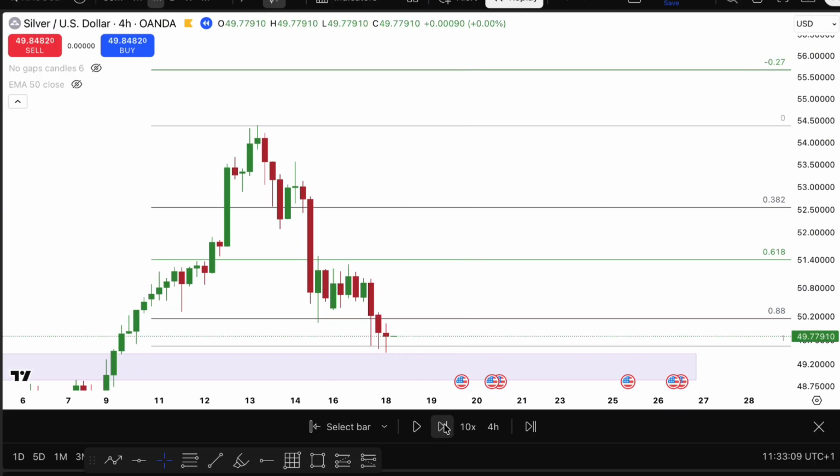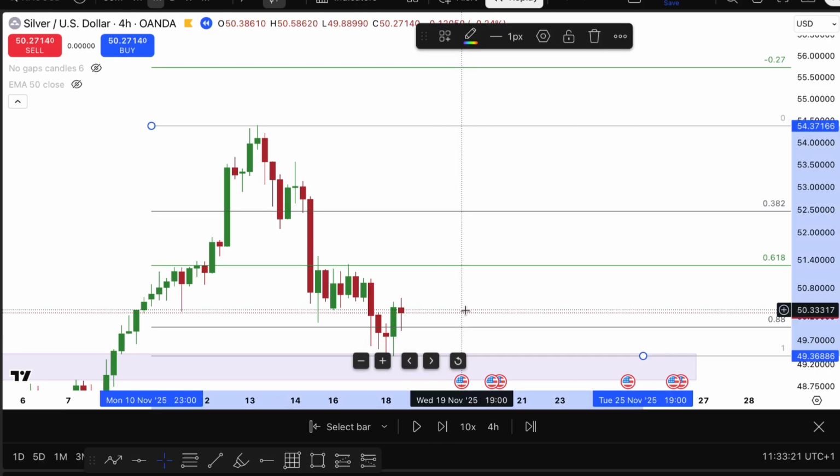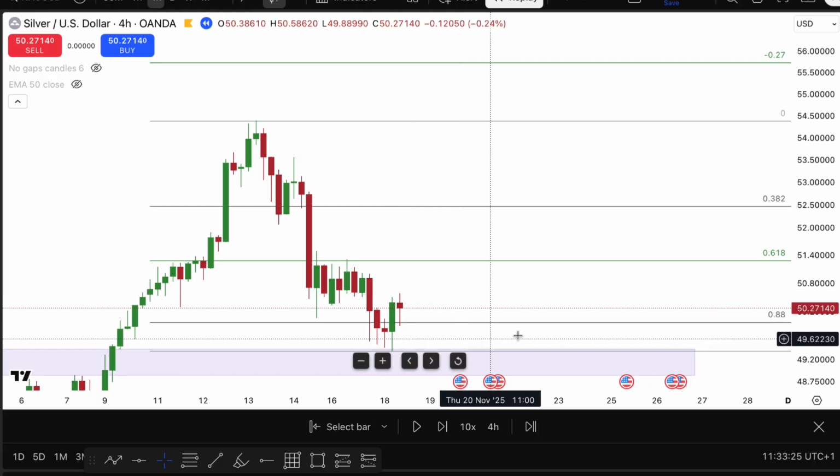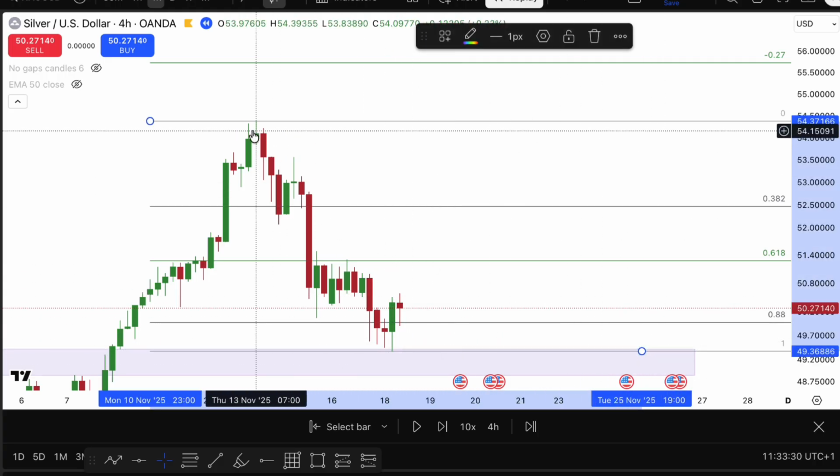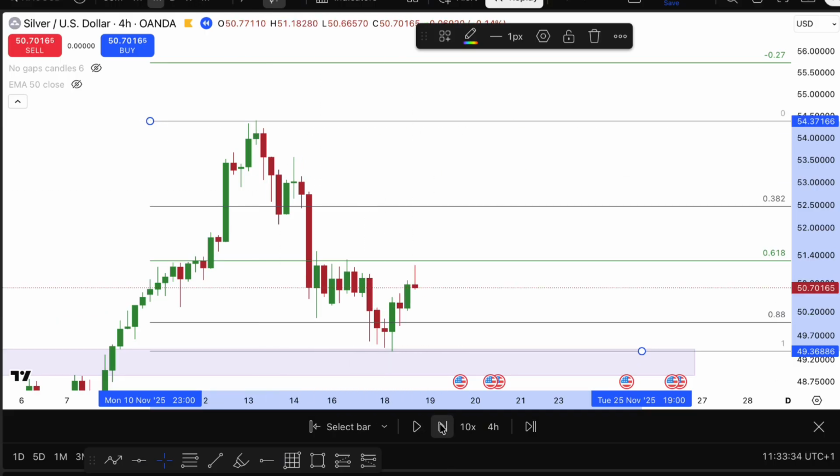So right now we are waiting until we have a break. If price ends up going lower than your placement of the fib, you can just make sure you adjust it to the end and also that it is on the beginning. So right now we are waiting until we have a break of the 61, and as you can see, the break has now taken place.